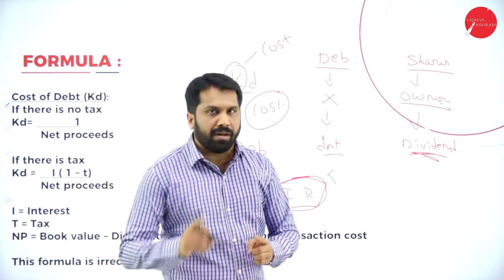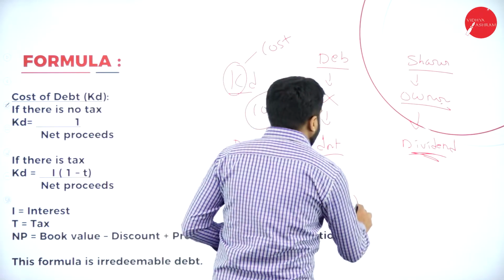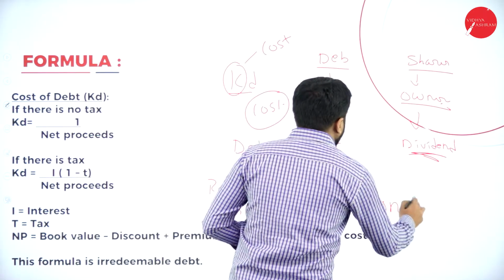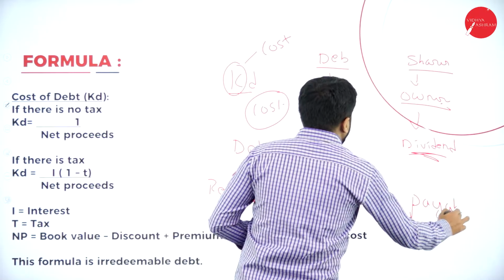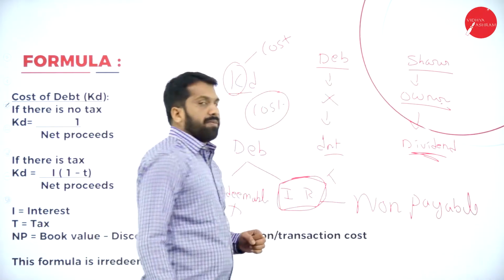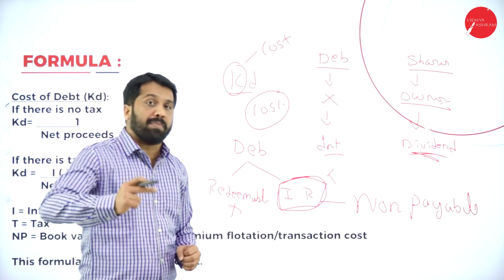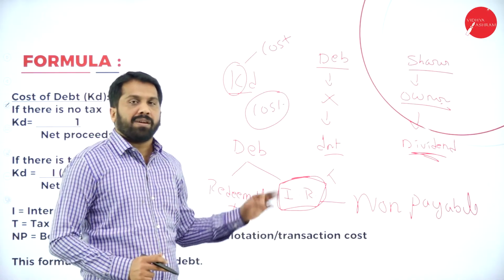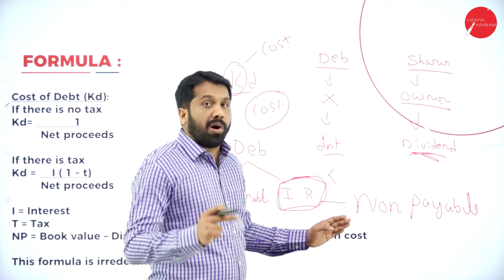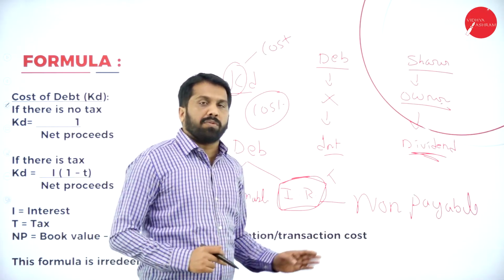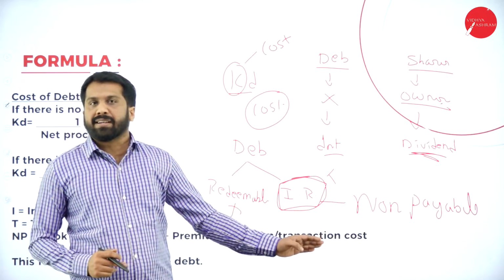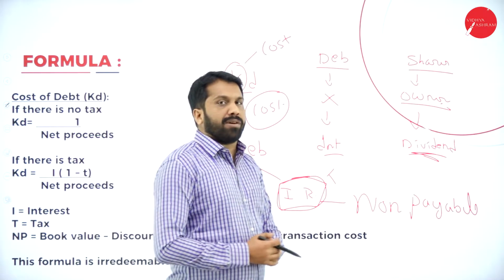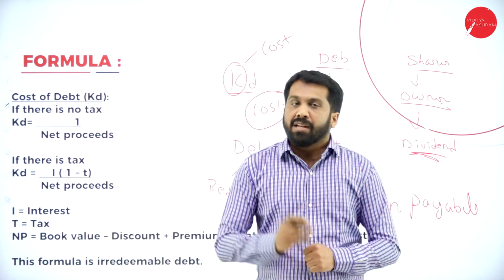Irredeemable means, remember, always non-payable. What is irredeemable? Irredeemable are called as non-payable. So you will not pay it back. Now, you have taken 10,000 loan from some XYZ. You will pay.